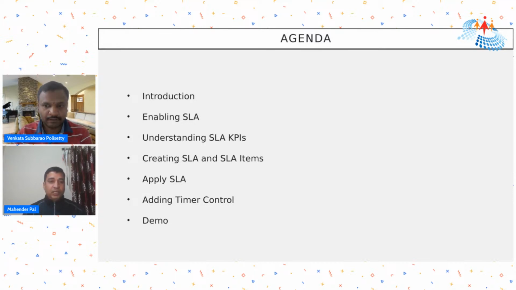Then we will see the different ways for us to apply the SLA, and then we will get an overview of the timer control. Finally, we will have a demo covering all the topics that we will discuss on the next couple of slides.